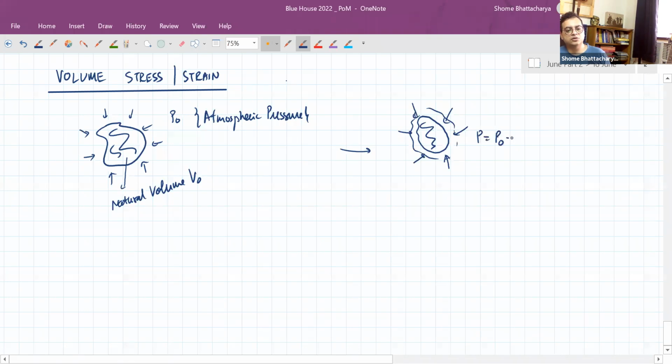So if the pressure is P naught plus delta P, it will have a compressed volume of V naught minus delta V.